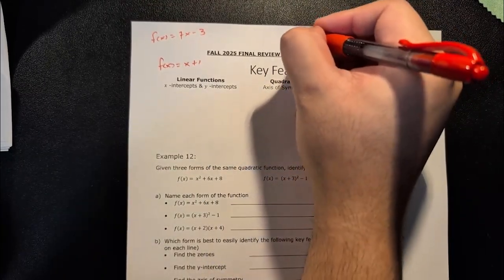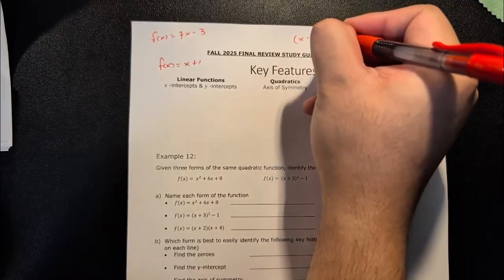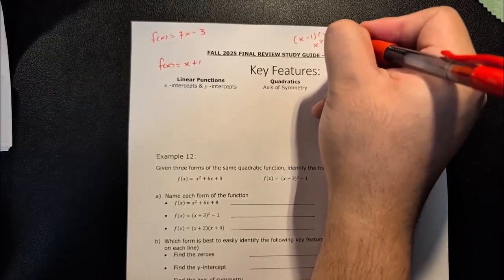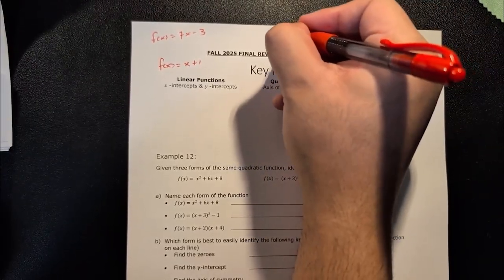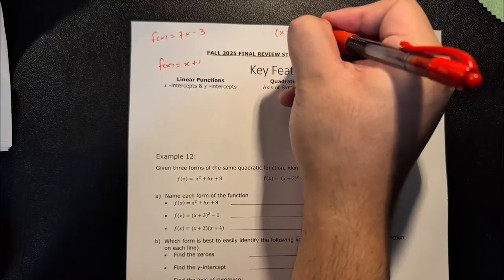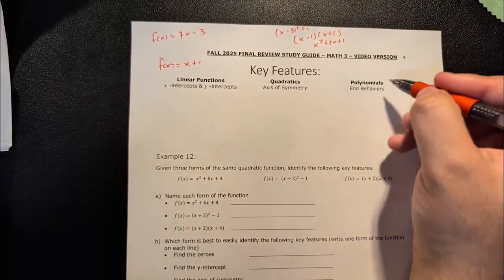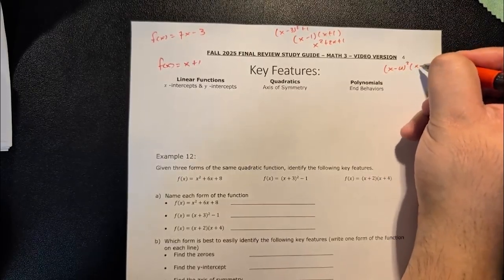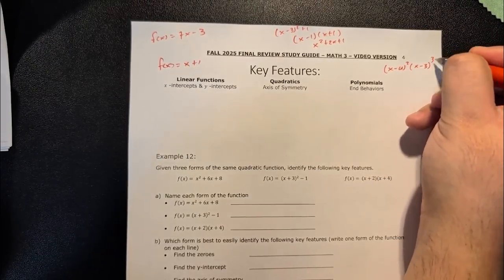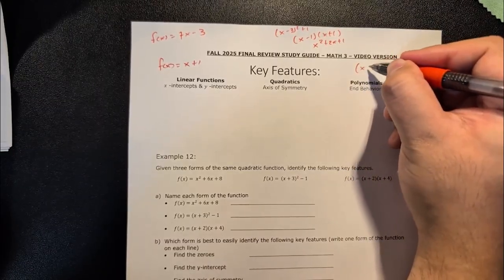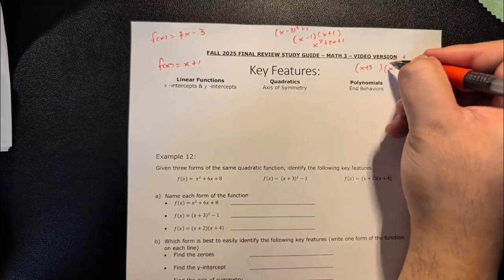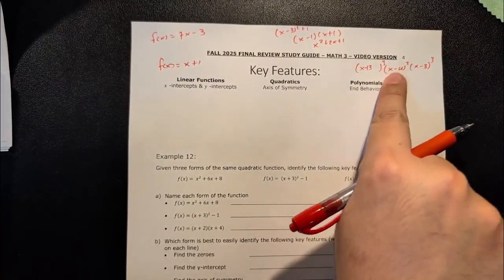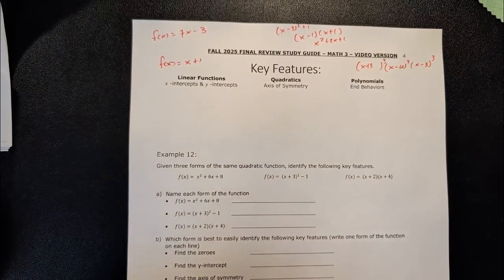Quadratics could be something like x minus 3 squared plus 1. These are all types of quadratics. And polynomials are the ones where we have x minus 4 squared, x plus 3, x minus 3 to the third, and all of these things: multiple things going on and bigger and bigger exponents.